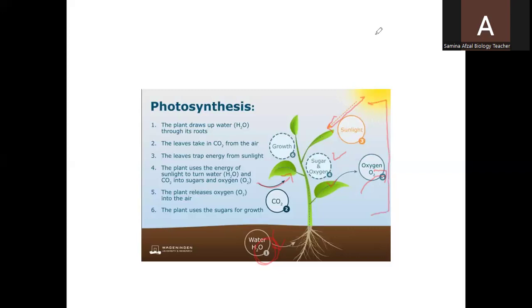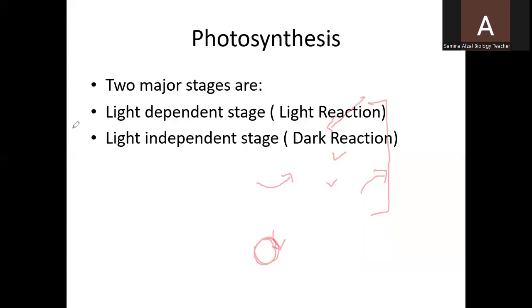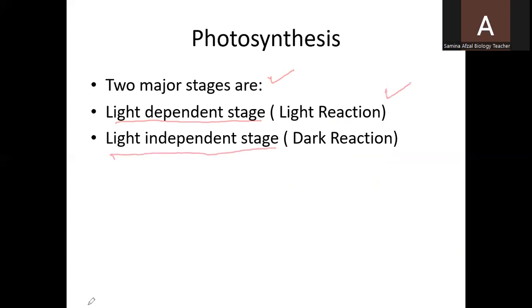Now, in the next slide, I will discuss the different stages which take place during photosynthesis. The two major stages are the light dependent stage, which takes place only in the sunlight, so this reaction is called the light reaction, and the light independent stage, which takes place without light, so this is called the dark reaction.